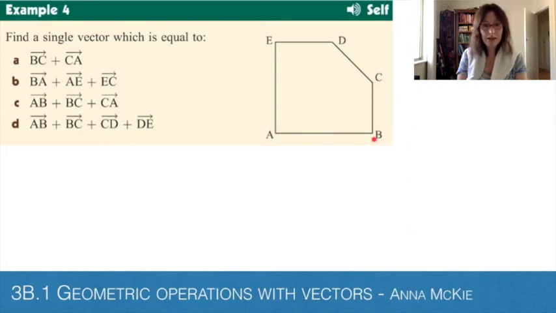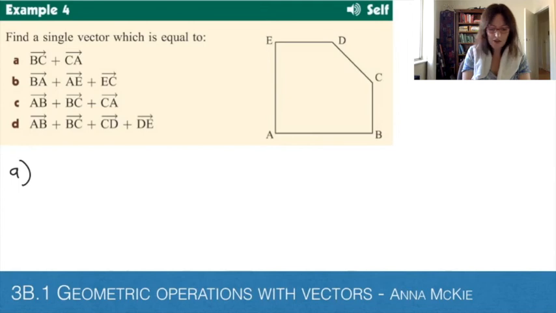We started at B, we went to C, and we're ending at A. So we need to write one vector that is the equivalent of that. And I'm sure you can see that that would be B to A. So for our first one, we're going to write B to A, capital letters, and an arrow. Excellent.